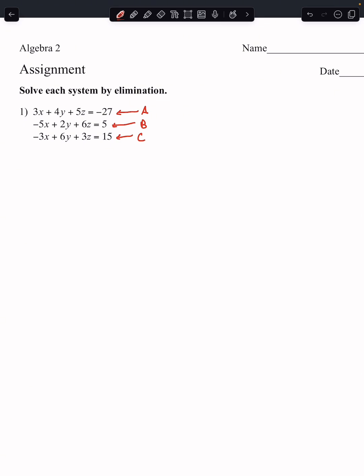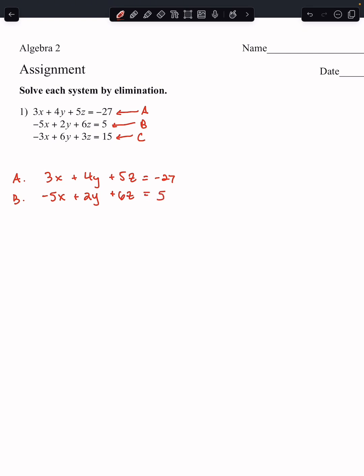So I'm going to use equation A, and I'm going to rewrite this down here. Equation A says 3x plus 4y plus 5z equals negative 27. And then I'm going to use equation B, and that's going to be negative 5x plus 2y plus 6z equals 5.